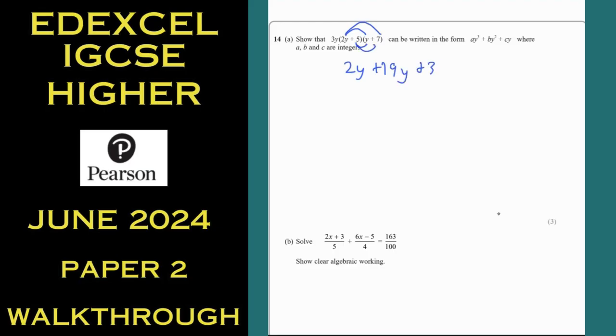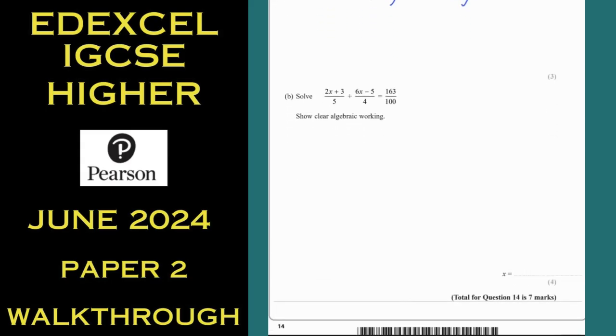And we've got a plus 35 on the end. All that needs multiplying by 3y. Loops if you fancy it, but that'll give you 6y, whoops, that's a squared. That'll give you 6y cubed. That'll give you 57y squared, and 3 fives are 105y.